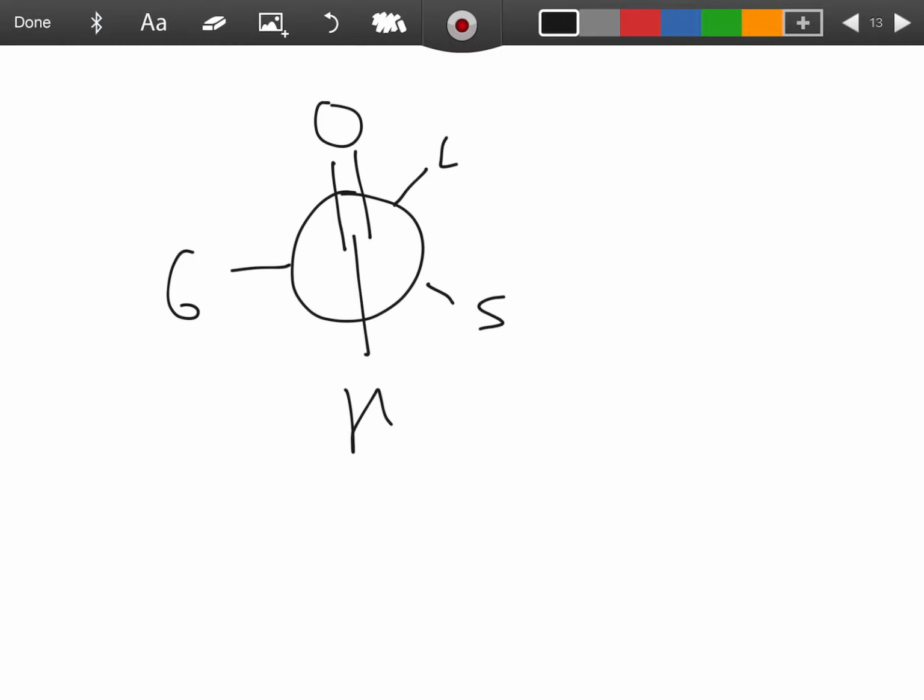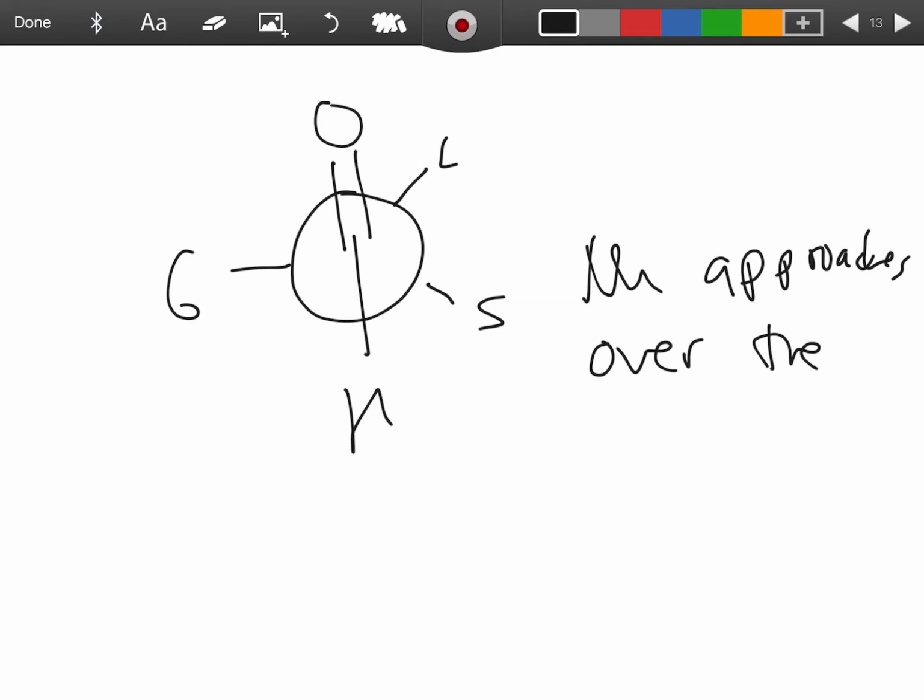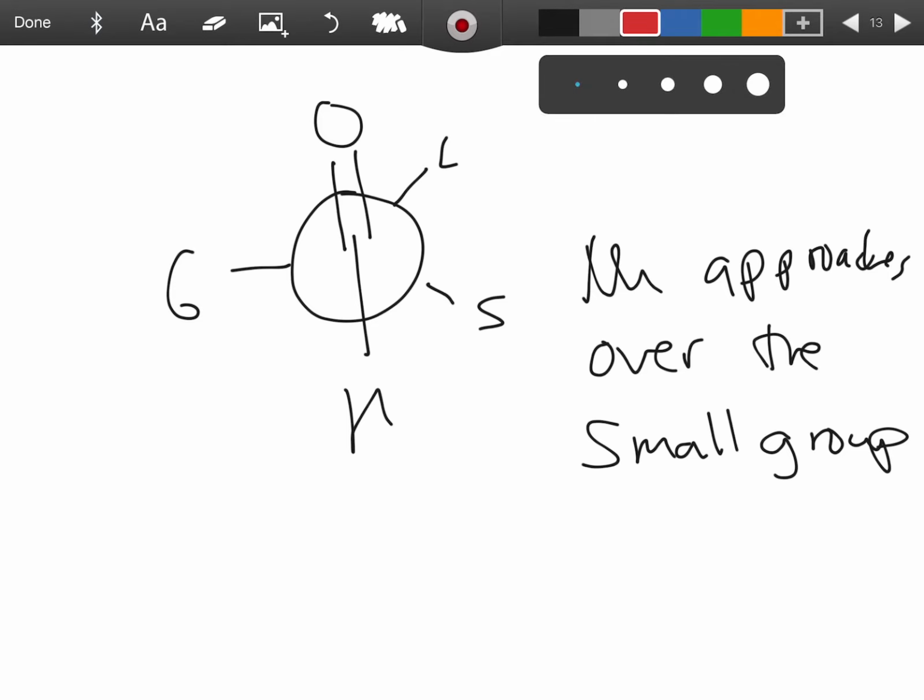The nucleophile approaches along the Bürgi-Dunitz angle, and it goes over the small group, because that is the easiest group for the nucleophile to get past. So it always goes over that small group to get to the antibonding orbital.